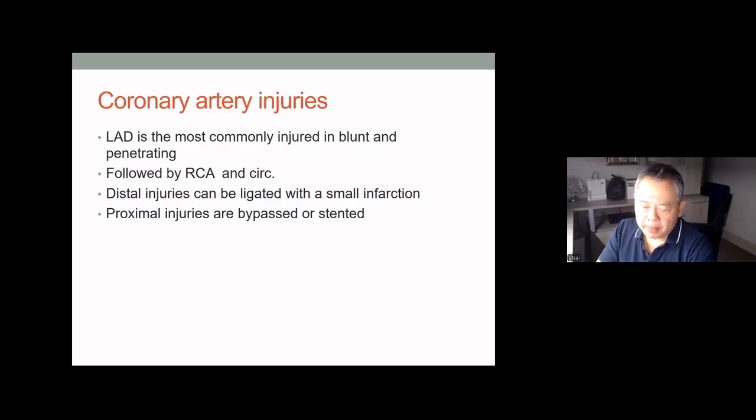You need to do it on pump at best, if you have the facility, and patients like that usually have multi-trauma and multiple organ injuries, and they won't tolerate that procedure well. So the answer in the distal third is that you can ligate easily. Anything that's proximal, unfortunately, you have to bypass or stent, because otherwise you get a major MI, and that's not a happy heart.